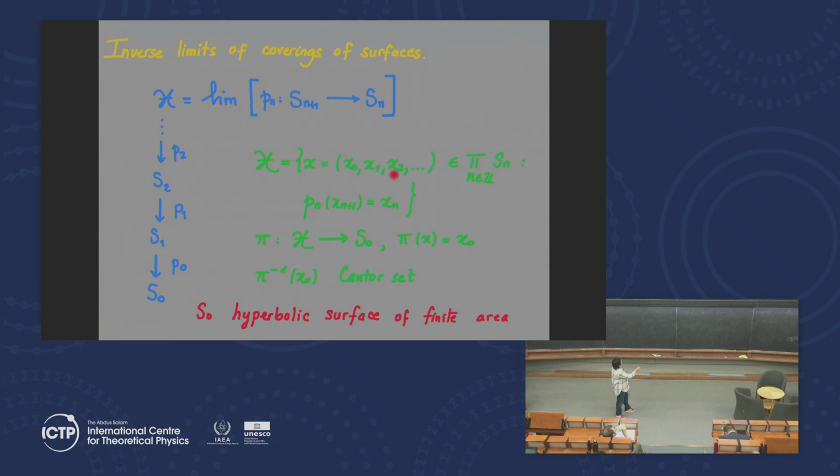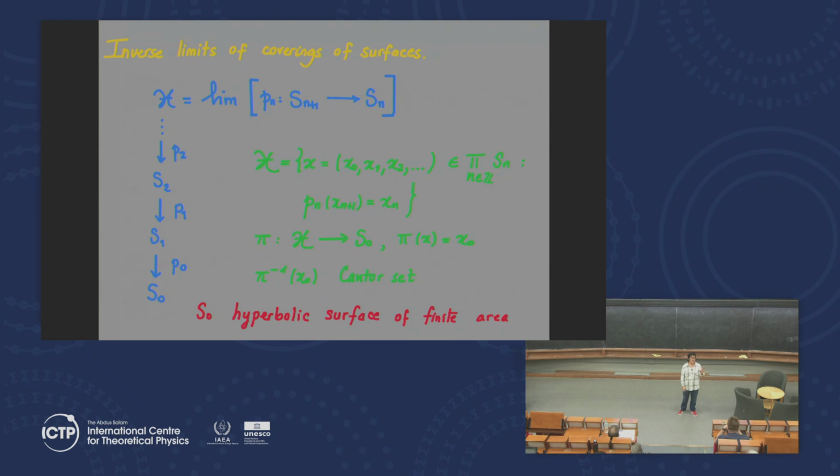When you take the second one, this one goes onto this one, etc. Namely, a point here is you take some point in S naught, and you take one preimage under P naught, and for this preimage you get one preimage under P1, and so on, with the product topology.